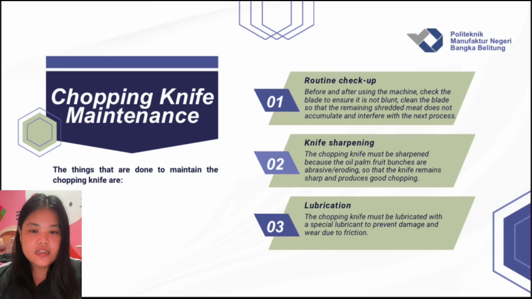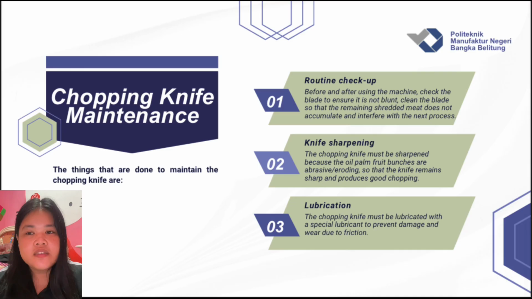Next slide, I have chopping knife maintenance. Here there are three things that are done to maintain the chopping knife. One, routine checkup. Before and after using the machine, check the blade to ensure it is not blunt. Clean the blade so that the remaining shredded material does not accumulate and interfere with the next process.